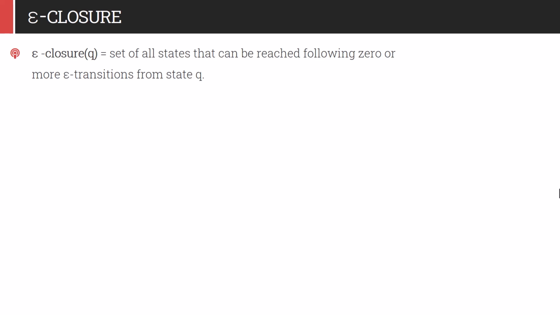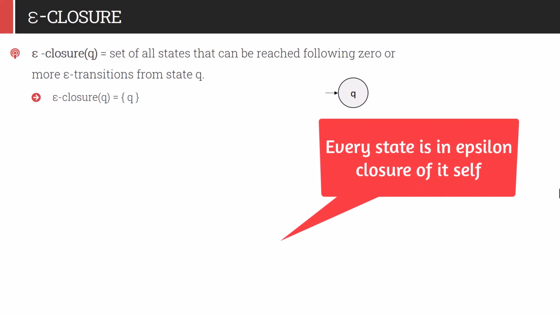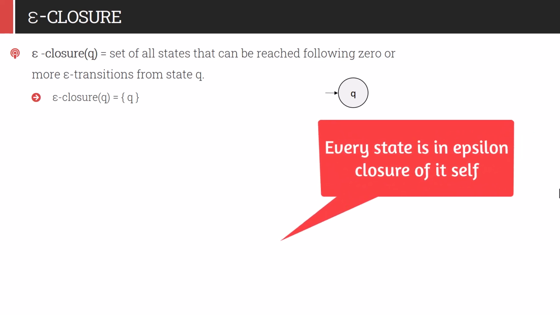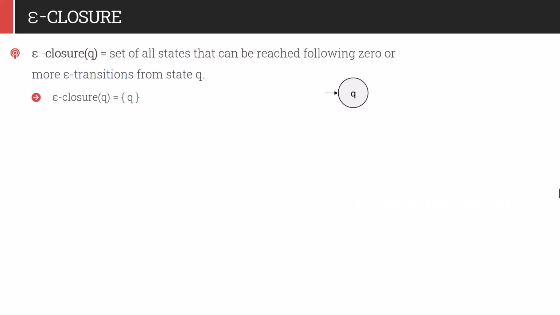Let us try to understand it with an example. The epsilon closure of Q contains Q because you can always reach the current state without consuming any symbol. So make sure that every state is in the epsilon closure of itself. That is the default rule.